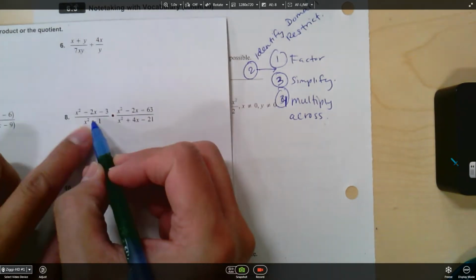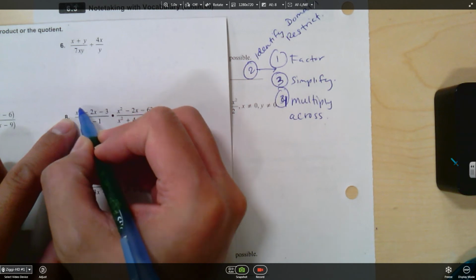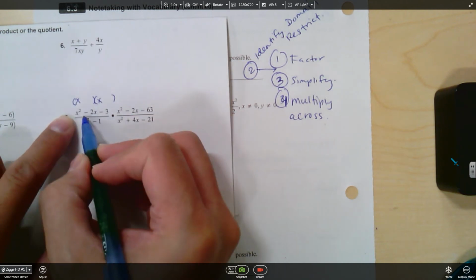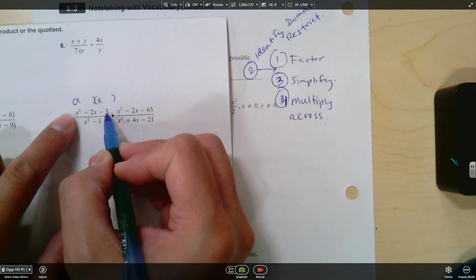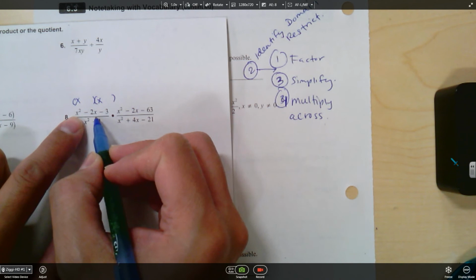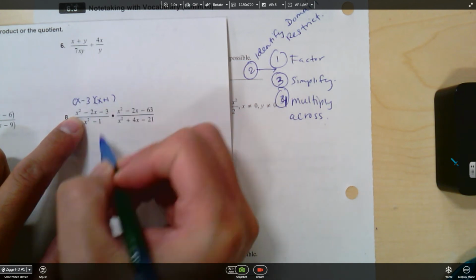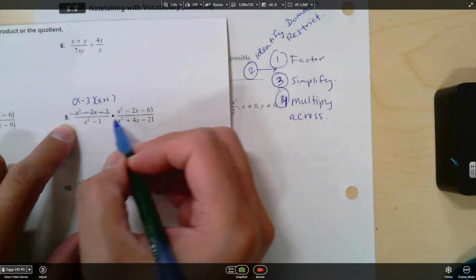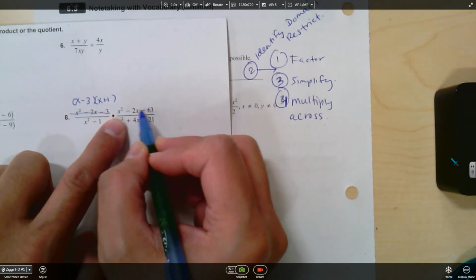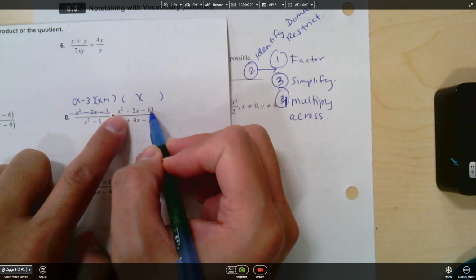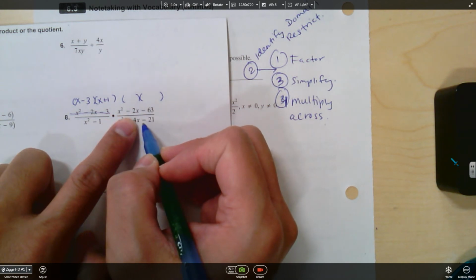Okay, so first thing is we have to factor everything. I would just do the factor work right at the top. This is where you have to be really good at factoring. This is a quadratic, so I need two numbers that multiply to be -3 and add to be -2. -3 and 1, does that work? Multiply to be -3, add to be -2, good. Go to the next piece. This piece, I need two numbers that multiply to be -63 and add to be 2. 9 and 7, and 9 is the negative.